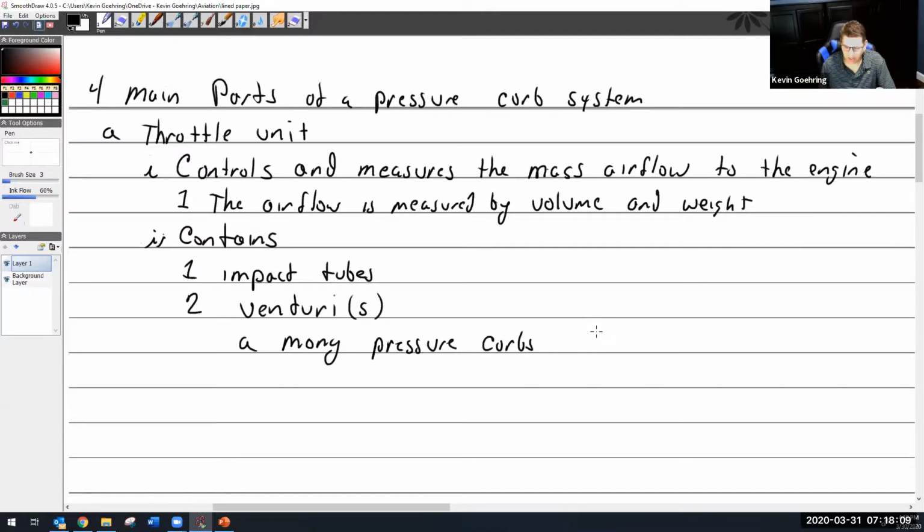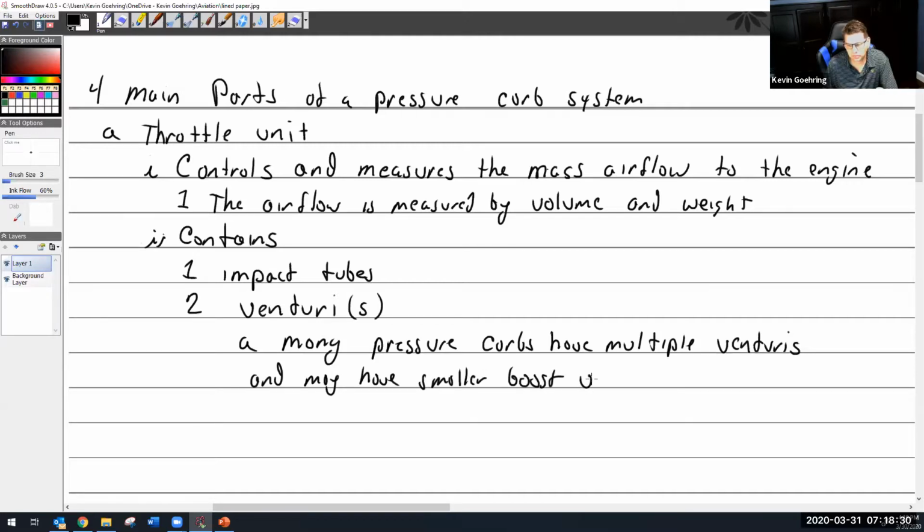Many pressure carbs have multiple venturis, and even smaller boost venturis. And it contains the throttle valve.